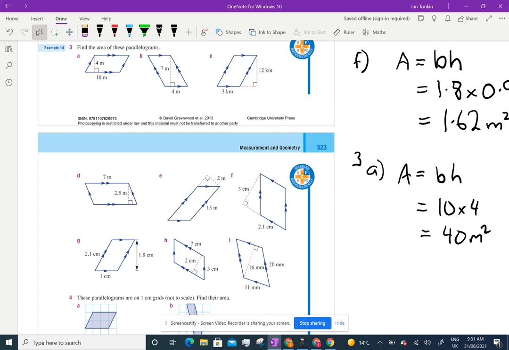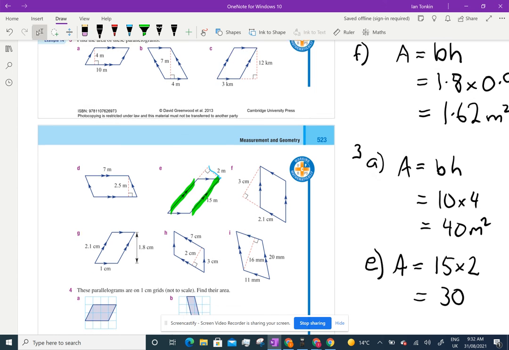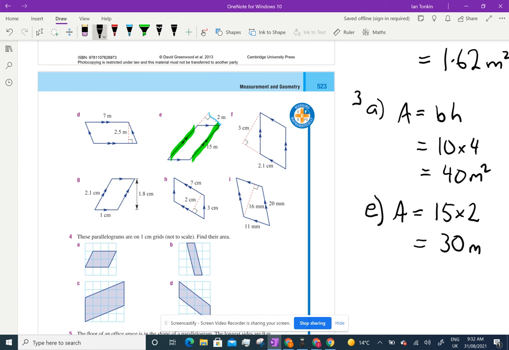I'm going to jump all the way down to E. Remember, all you've got to do is find the base and the height. Well, if I look here, that 15 is the same as that 15, and that gives me that height. So they've drawn it on its side, but that doesn't worry me. So I get 15 times 2, which is 30 metres squared.